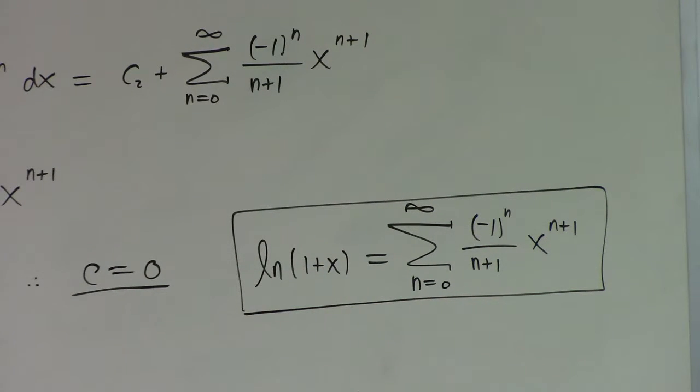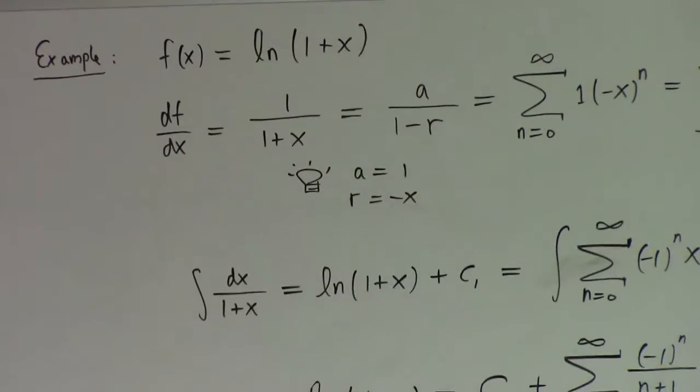Now, you could ask the question, for what x is this legitimate, right? It's not going to be true for all x. So let's trace back our steps here. First of all, when we found the power series for the derivative, where was that true?